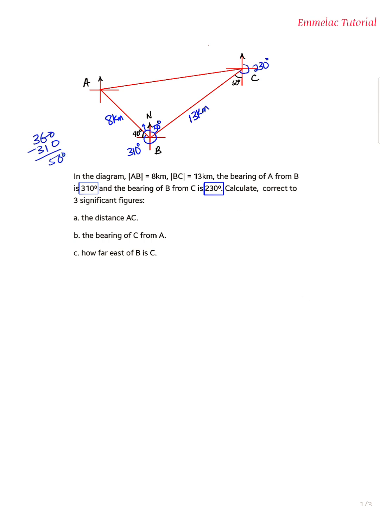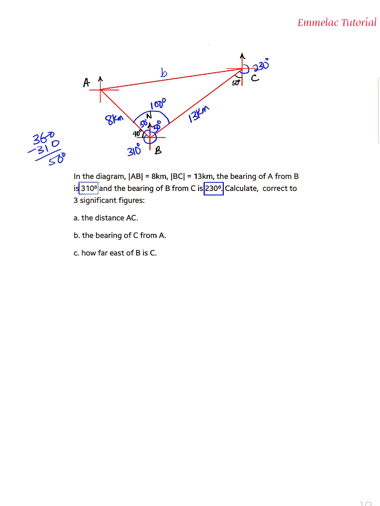So this part of the angle is 50 degrees, now making the whole of here 100 degrees.